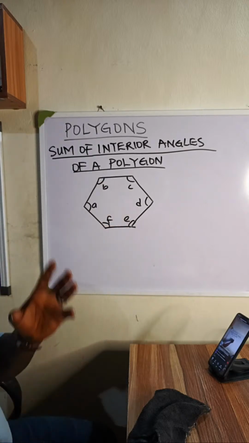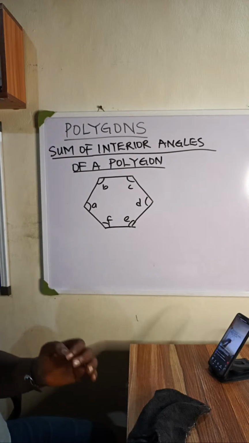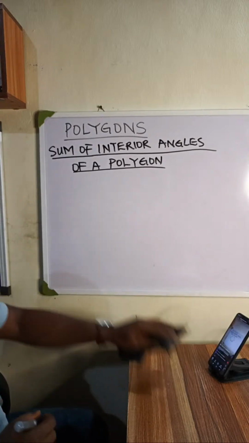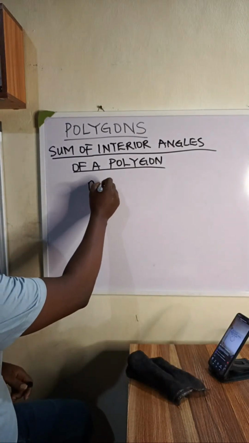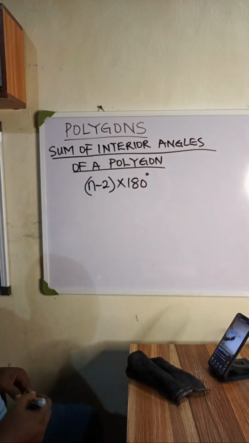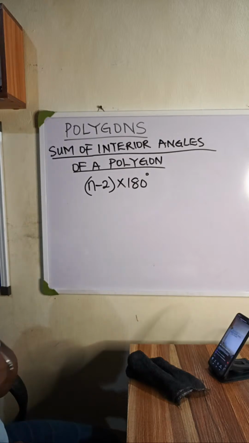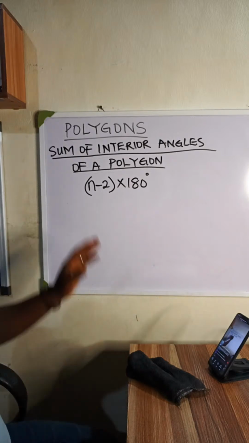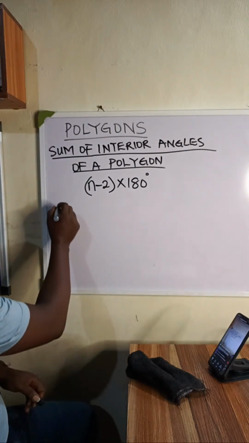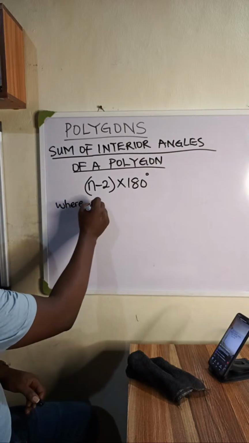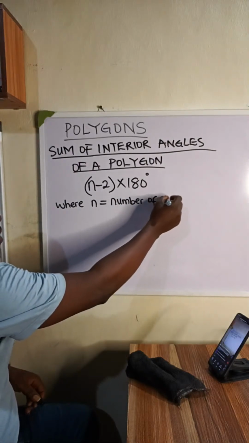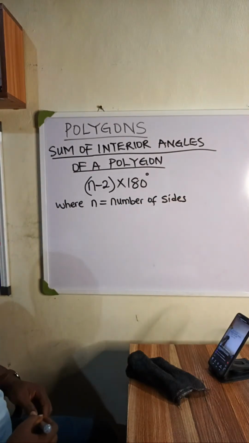So there is a formula that you can use to find the sum of angles in a polygon. And that formula is n minus 2 times 180 degrees, where n is equal to the number of sides of the polygon.